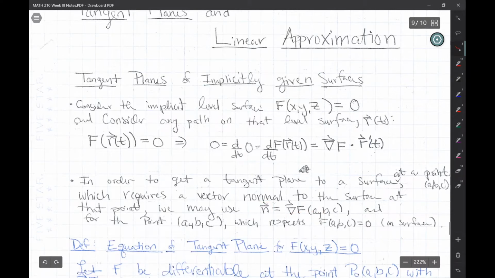Because it's orthogonal to the level surface, it will also be orthogonal to the tangent to the level surface. And what else? What's the other thing that we need to describe a plane? We need a vector, which is the normal vector, and number 2, a point. And here we could just take the point on the surface at which we're trying to compute the tangent plane.